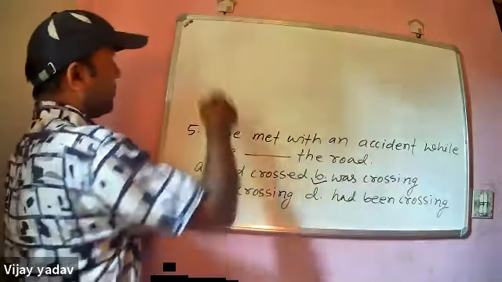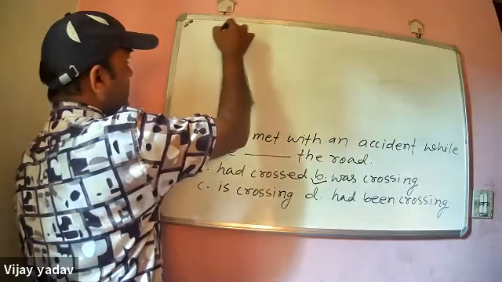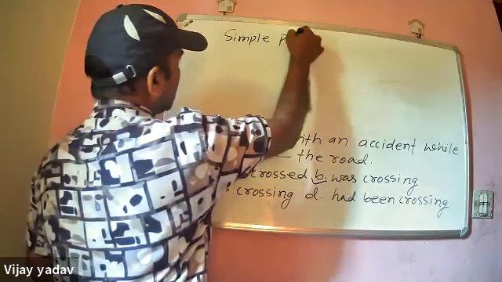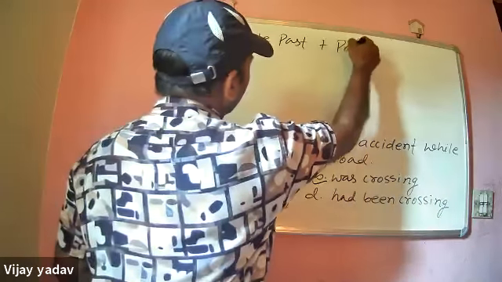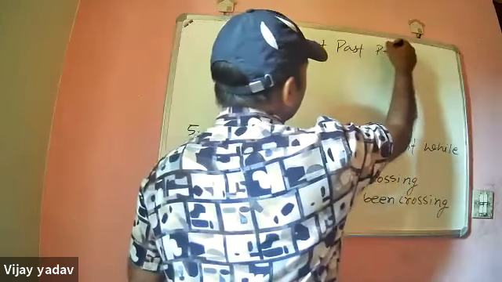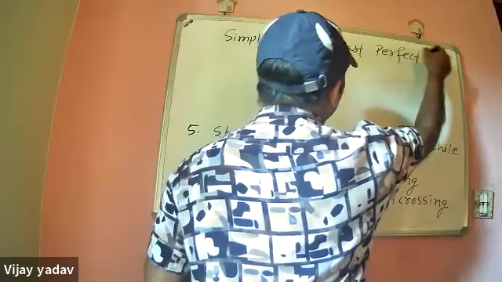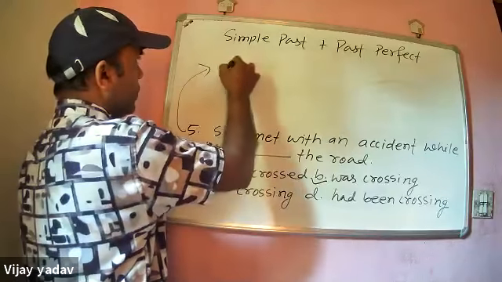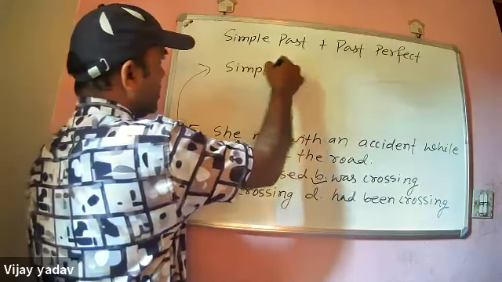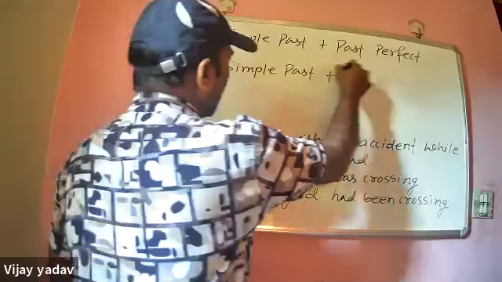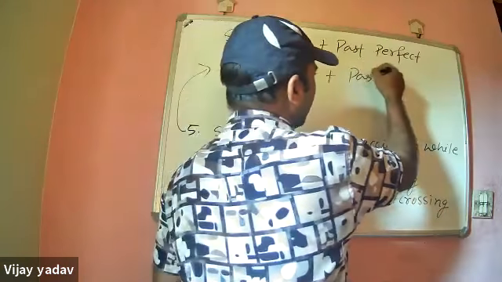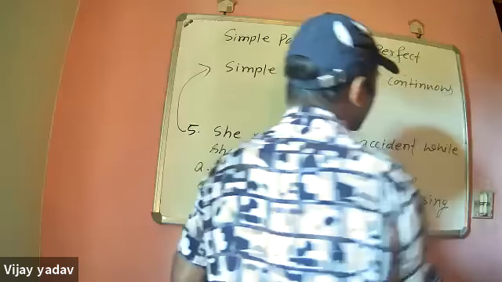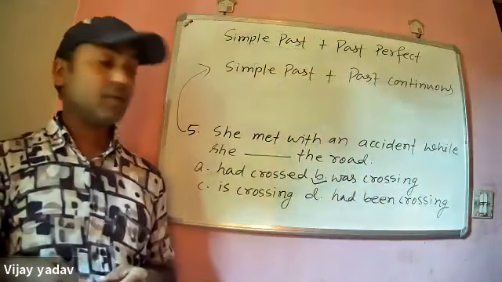So for number 4, what is the structure? You write simple past plus past perfect. And for number 5, what is the structure? Simple past plus past continuous. So what is the rule?